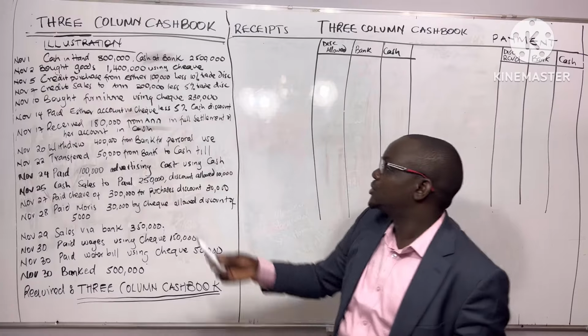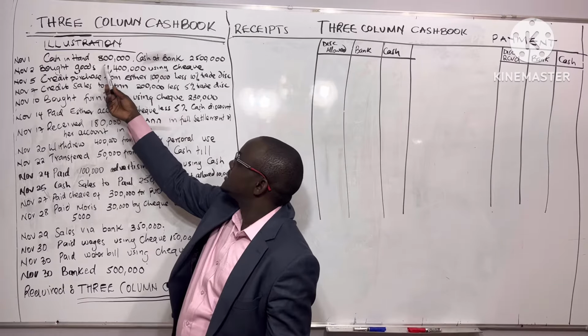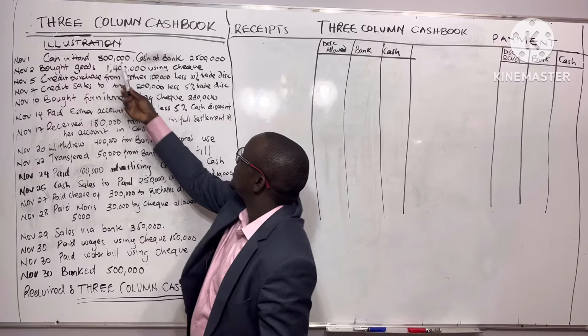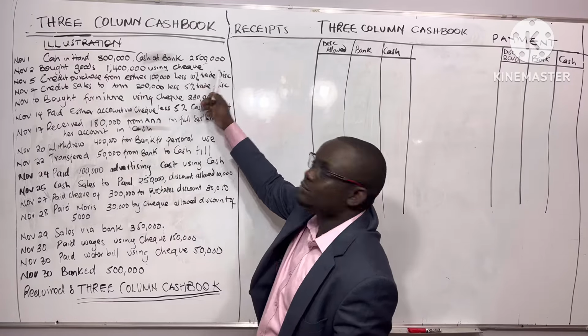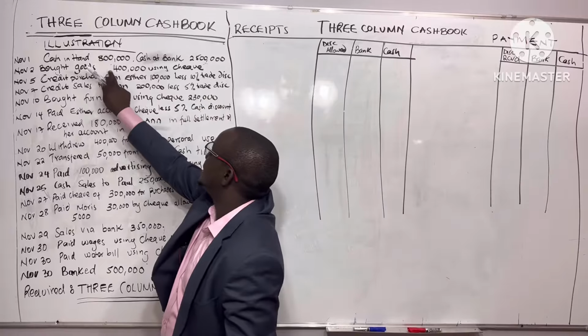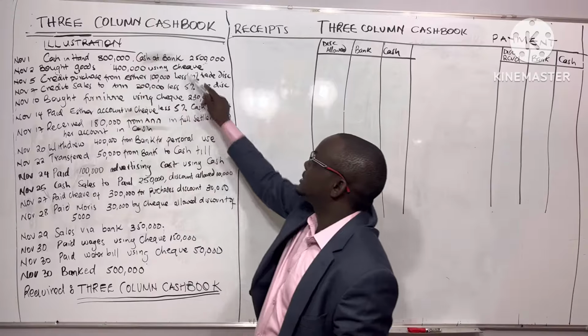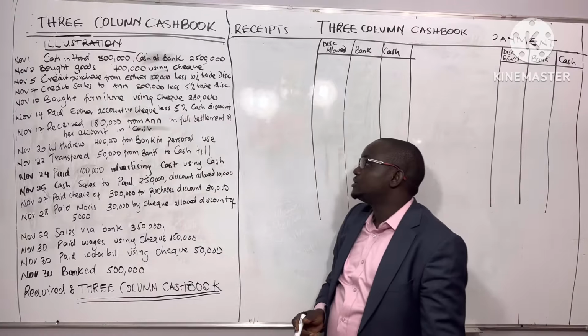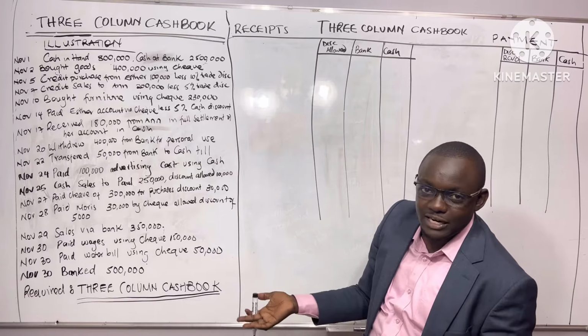So this is what we are told. On November 1st, the cash in hand was 800,000 and the cash at bank was 2.5 million. So these are money already in the bank and in hand.